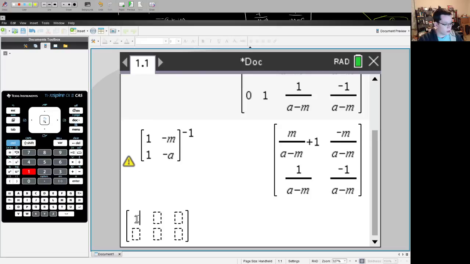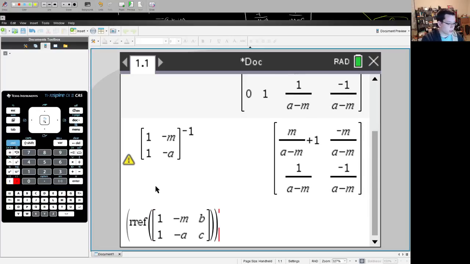We're going to do 1 negative m b, 1 negative a c. Row reduced echelon form.